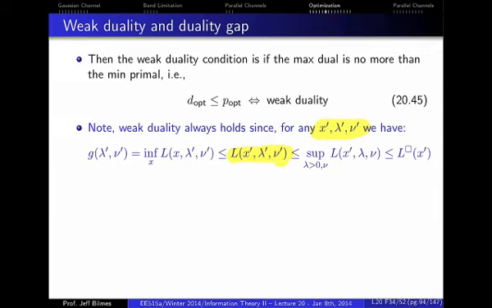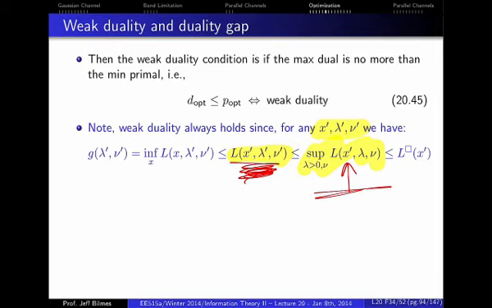That's going to be less than or equal to the supremum over lambda greater than 0 and nu of the Lagrangian evaluated at that same value x prime, because we're just taking the max, right? Any particular value is not going to be higher than the value where you take the max.